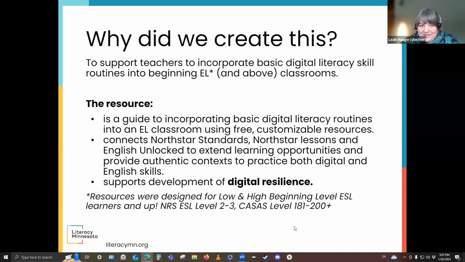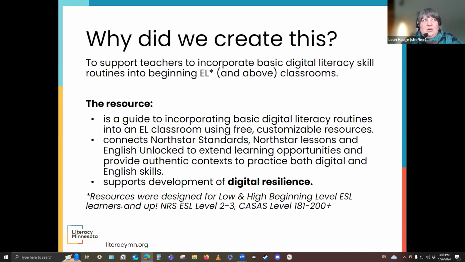So what is it? It's a resource to guide incorporating basic digital literacy routines into a classroom. The resources are free. Another cool thing about them is they're customizable. We built all of these lessons in Google Slides, which was a request from our sites, to have something that you can make a copy of and change around and maybe implement into something that you already create for your classes. It also works well for remote instruction. As I mentioned, these resources scaffold up or connect to the North Star standards and the North Star lessons.